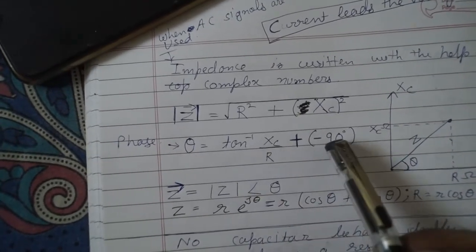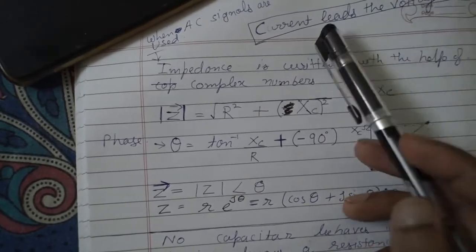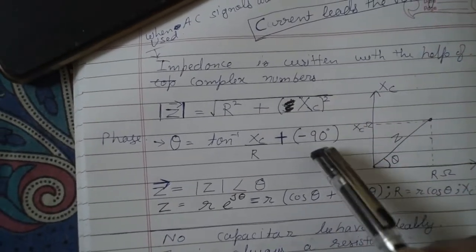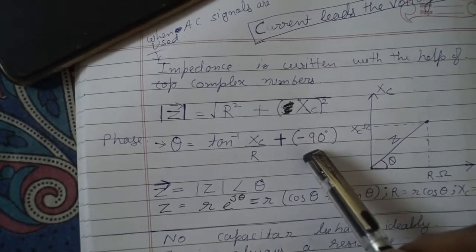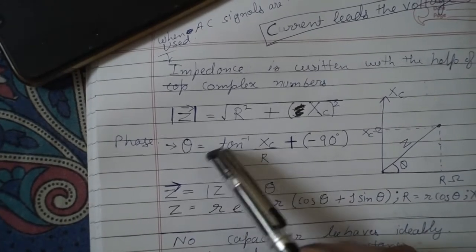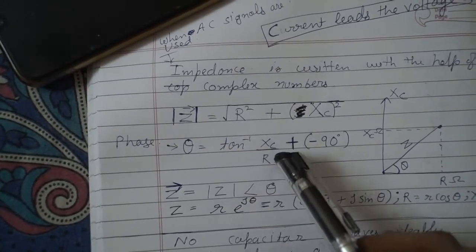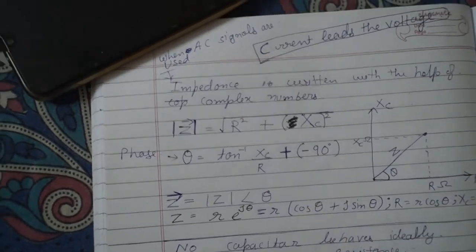And since in a capacitor the current leads the voltage, remember that you have to add minus 90 degrees to it. So you can write it as minus tan inverse of Xc by R.